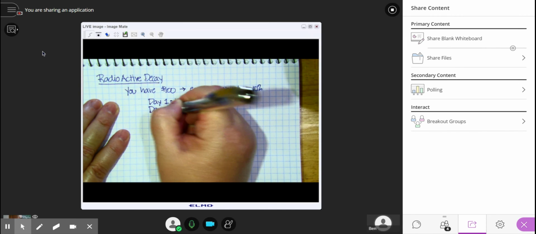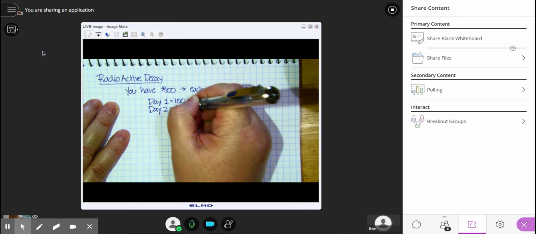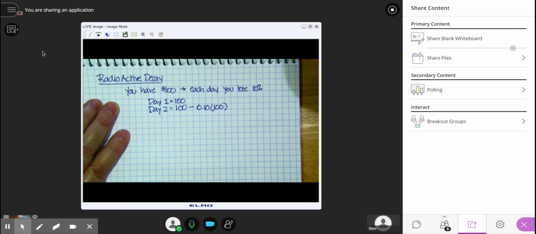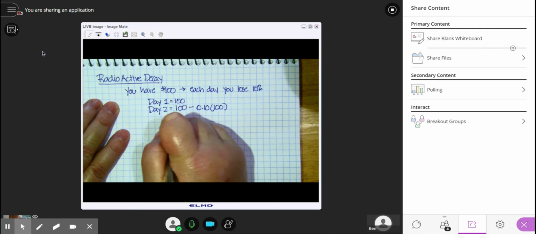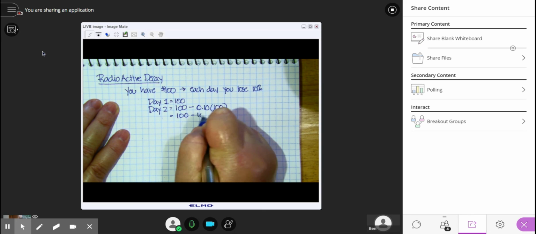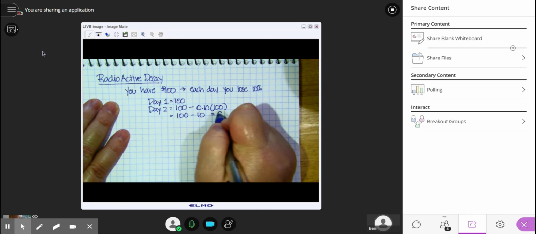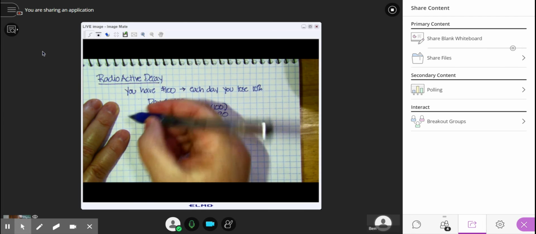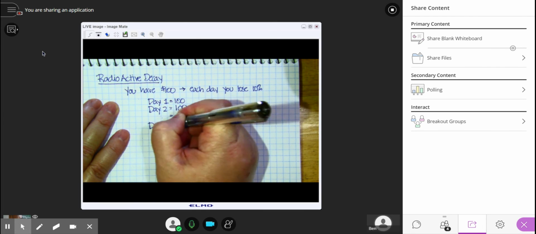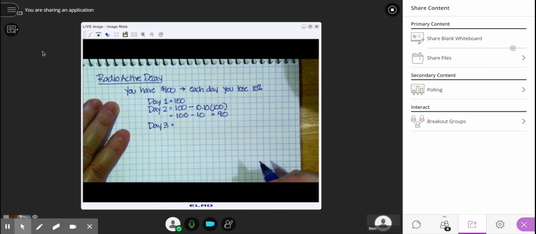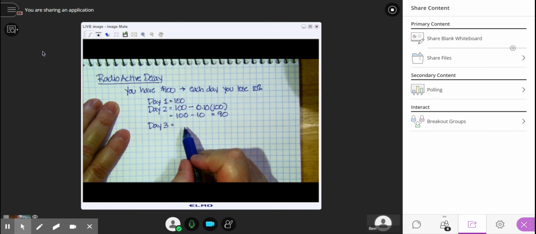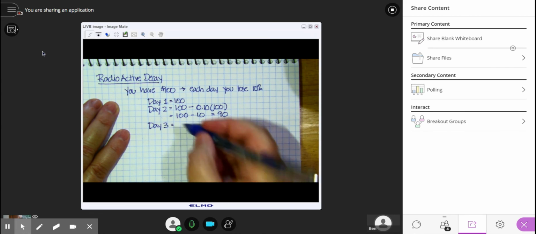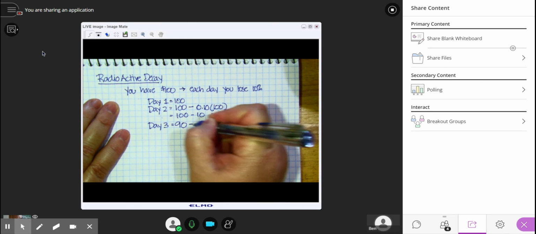But day two, you have $100 minus 10% of that 100. So you're going to lose $10 and you're going to end up with $90. You've lost 10%. On day three, you lose 10% again, but you're not losing 10% of 100 now. You're only losing 10% of 90.